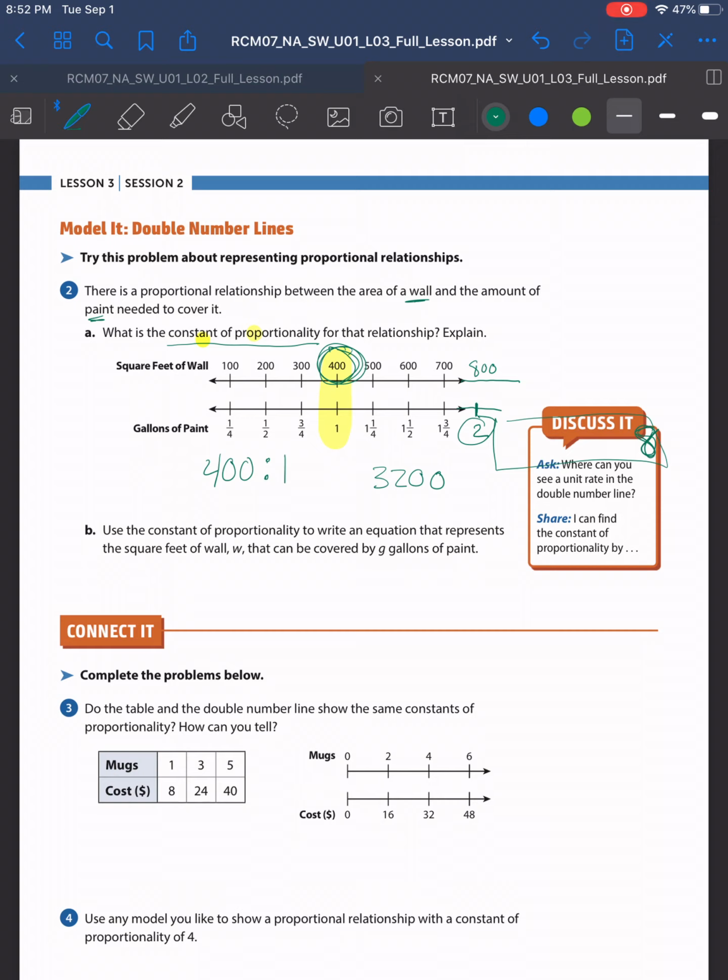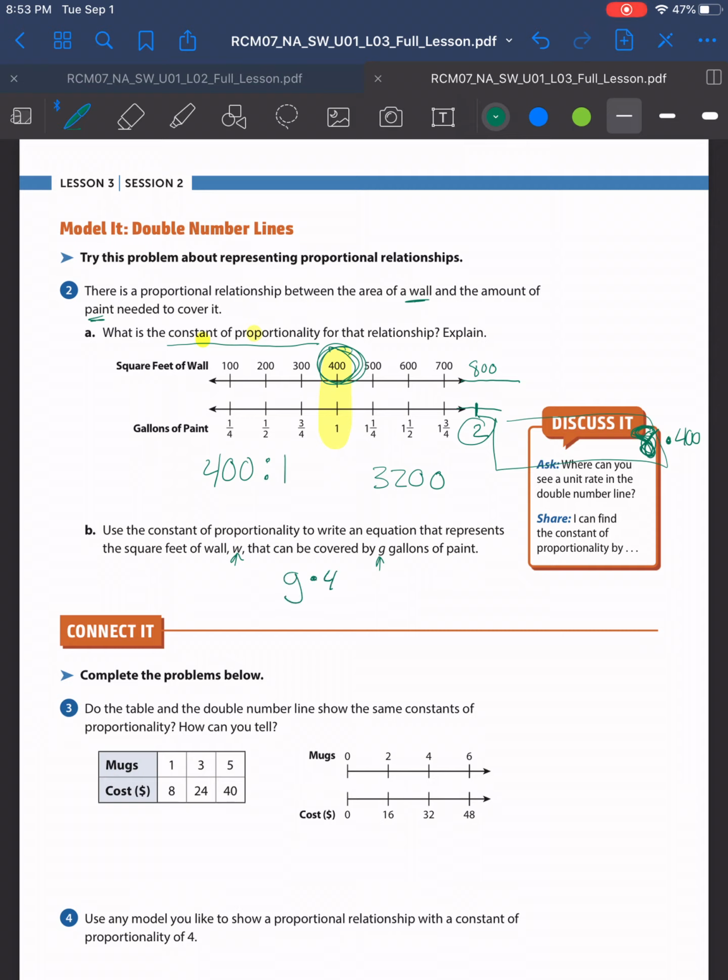Use the constant of proportionality to write an equation. We're going to say W is wall, and we're going to say G is gallons. What did I just say? I said any unknown number of gallons can be multiplied by 400, and we would find the square feet. So let's say instead of an 8, let's change that to G for gallons of paint.